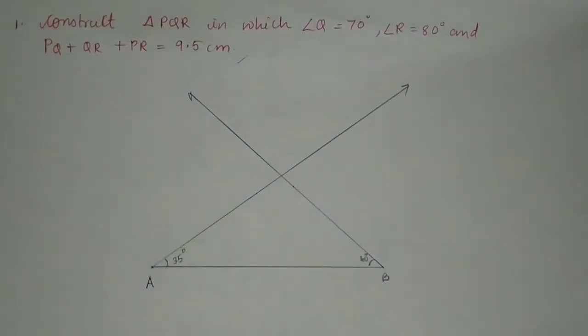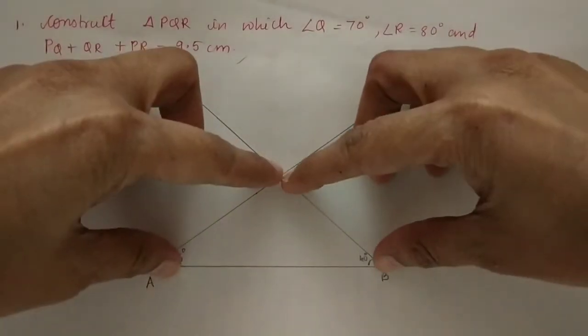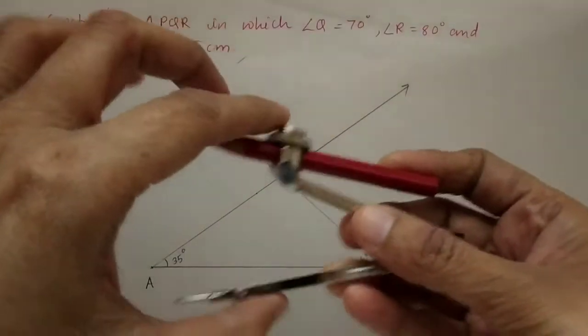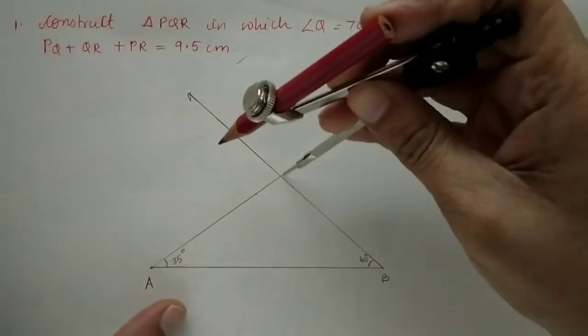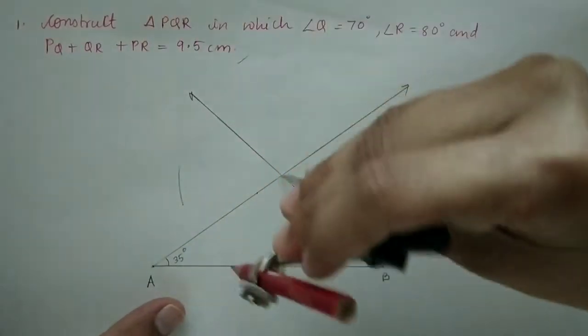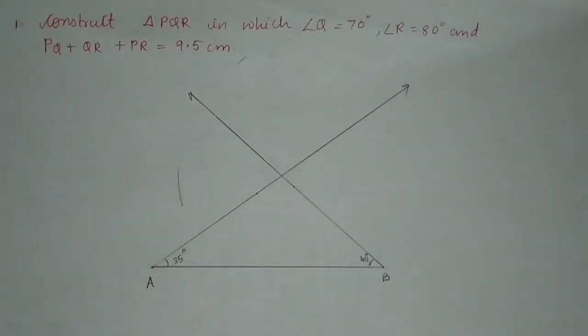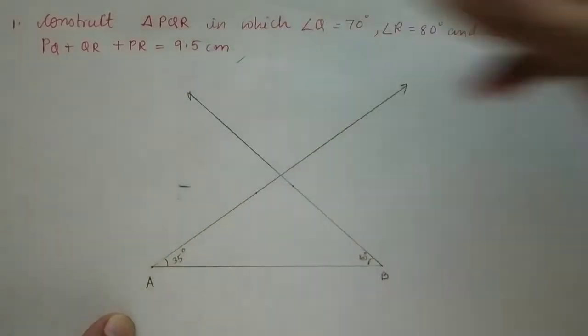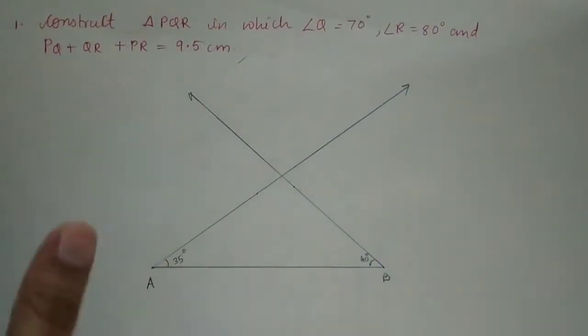Now after doing this, we will be drawing the perpendicular bisectors of these two sides. So let us do that. I take the compass, and by taking a measurement of more than half, I'll be drawing these perpendiculars. You can take a little bigger one so that you can draw these bisectors outside this triangle.